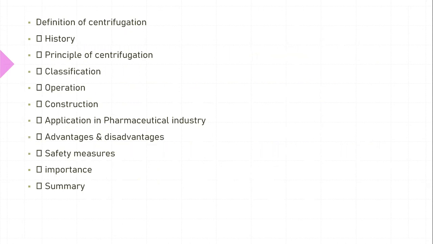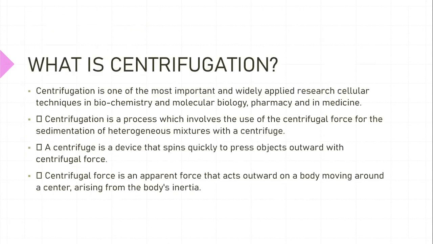In this, we are going to discuss its history, definition, principle of centrifugation, classification, operation, construction, a little bit of application in pharmaceutical industries, advantages and disadvantages, safety measures, importance, and a little bit of summary.